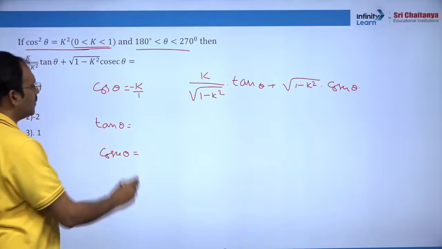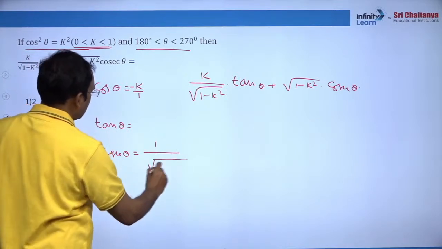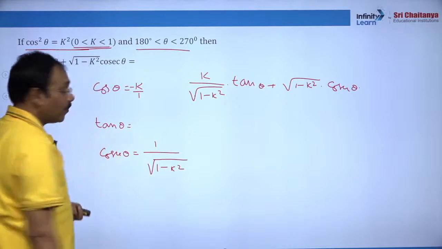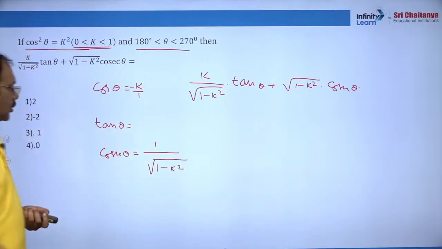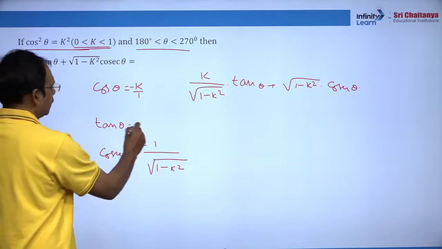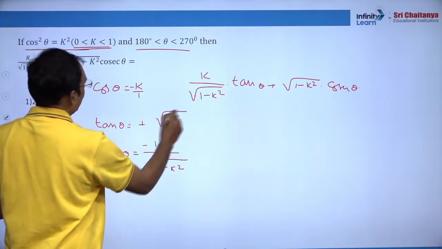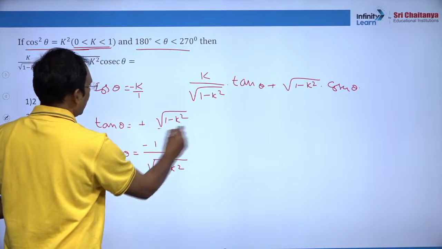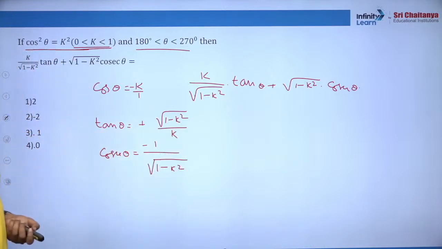Cosecant theta is hypotenuse 1 by opposite side, which is root of 1 minus k square, but in the third quadrant sin theta is negative, so this should be minus. Tan theta is positive, opposite side is root of 1 minus k square by adjacent side k, tan theta is positive, you have to write this.